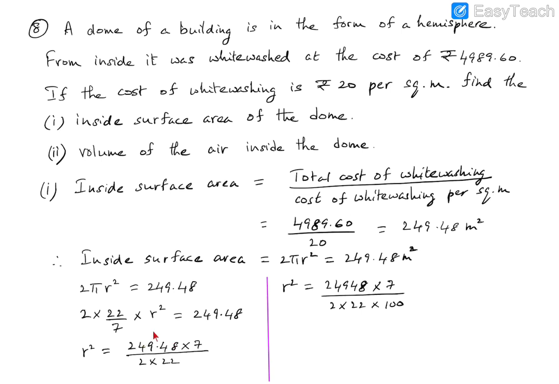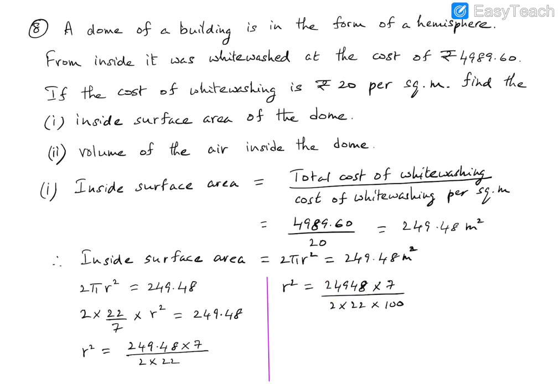Multiplying the numerator with 100, we have 249.48. The 2 decimal places are shifted to the right, and we get 24948. We also have 100 multiplied in the denominator, so that does not change our expression. We have done this just to get rid of the decimal point in our calculation.